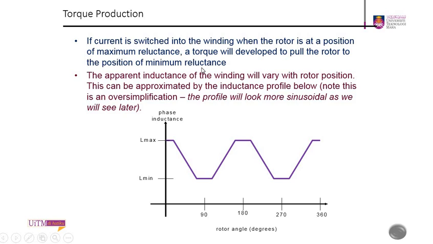The apparent inductance of the winding will vary with the rotor position, and this can be approximated by the inductance profile. This is what I call an oversimplification; in a more realistic measurement, it will be more sinusoidal.